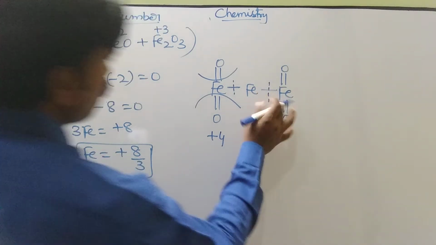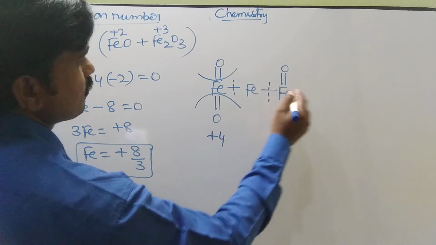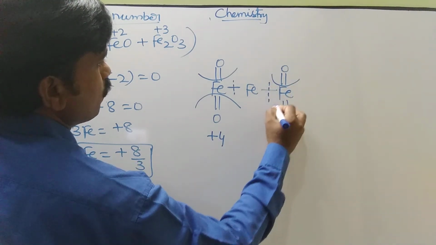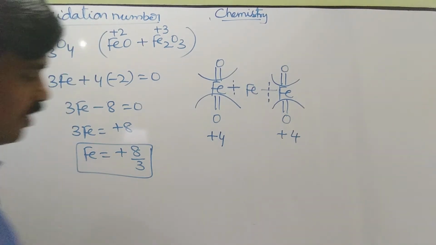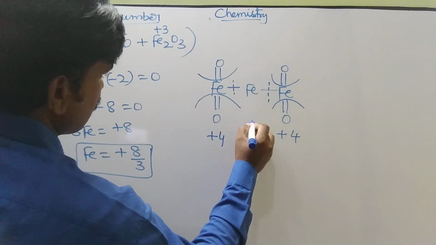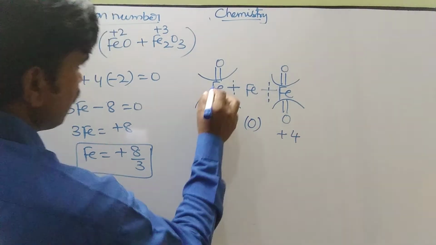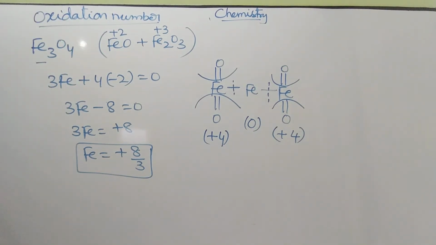And here also between two iron atoms, they are the same atoms, that's why the bond breaks and no charge. And here also again, the more electronegative element is oxygen. So in this case, the oxidation state of iron is also +4. The middle iron oxidation state is 0. Left side iron oxidation state +4 and right side iron oxidation state is also +4.